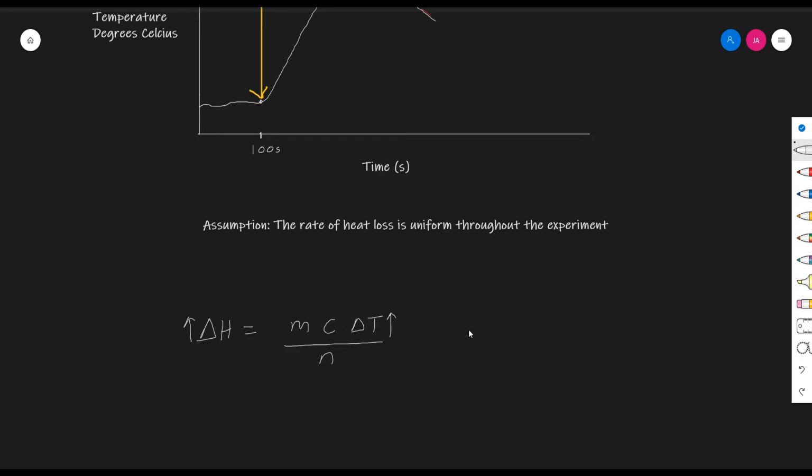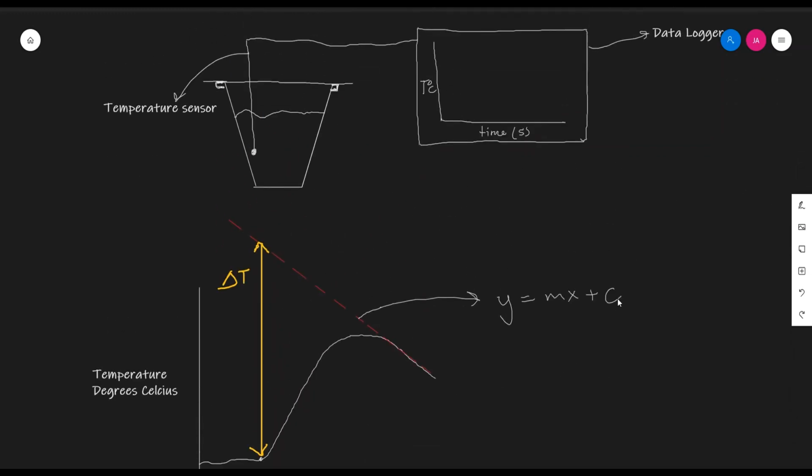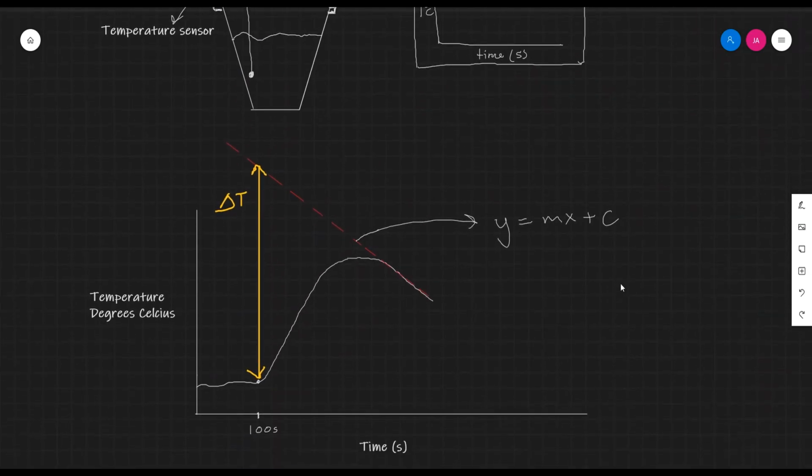You will get such questions in an exam in which they use the temperature sensor instead of a mercury thermometer, and the extrapolated line would be drawn, and the equation of the line would be given.